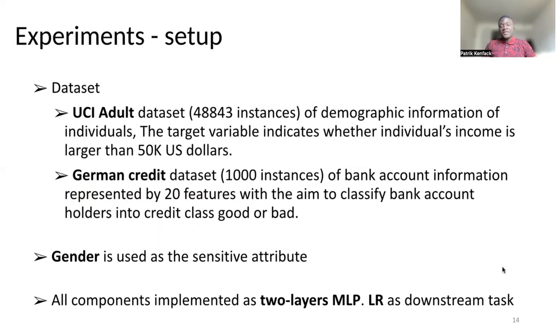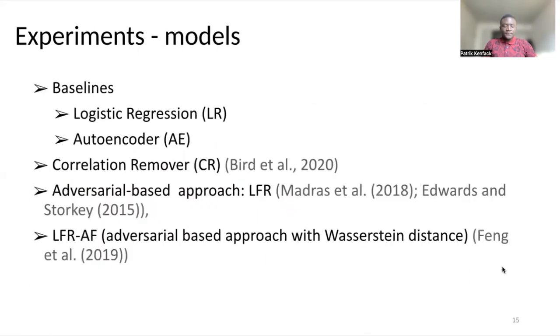For the German Credit dataset, we classify account holders as good or bad accounts. We use gender as the sensitive attribute in both datasets. All components of the model were implemented using linear perceptrons, and then we use a logistic regression model as the downstream task, which means we train the classifier from the representation that we learn.